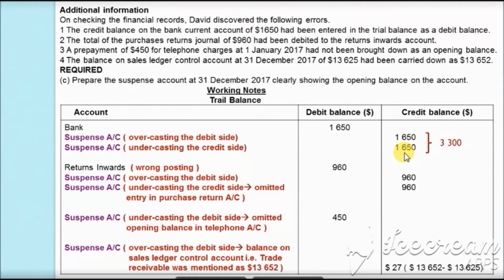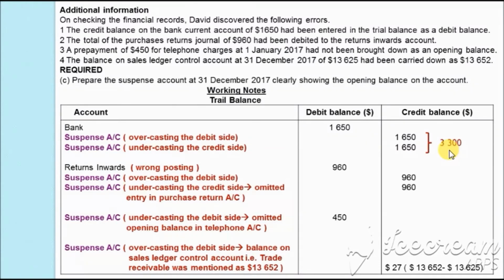As it was not done, there will be a further deficit of $1,650. So because of this error, there will be a deficit of $3,300 when you make the trial balance. So you will post this in the suspense account. This was the amount which you posted when you had this error.